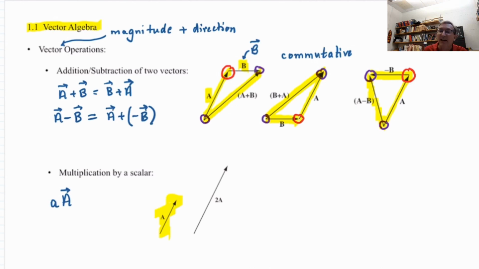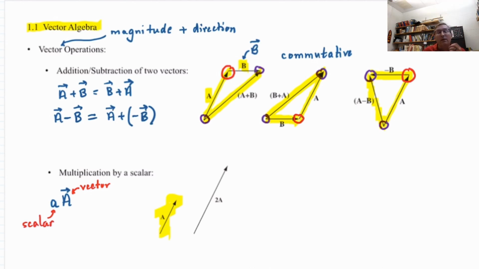I happen to use little a here. Could be any letter you want, but no arrow on top. Okay? And that represents any kind of a scalar. So what we're doing here, in terms of a multiplication process, is we're multiplying the vector by some scalar, little a. What happens to the vector?